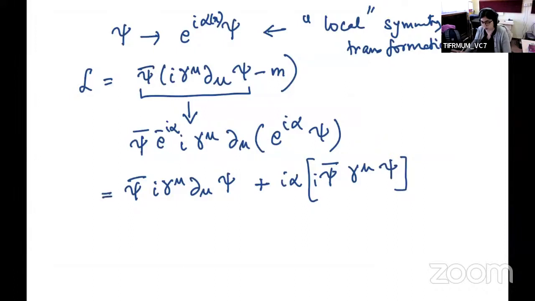Right? So you have these 2 terms, and in particular, you have this one extra term here.